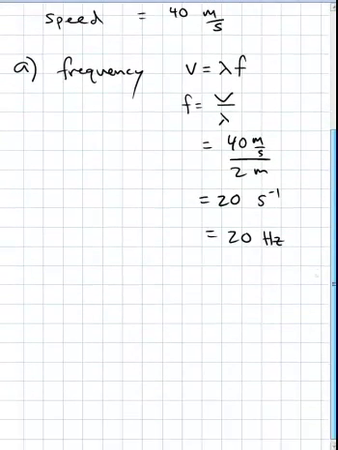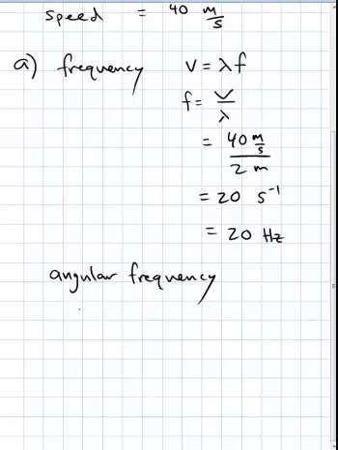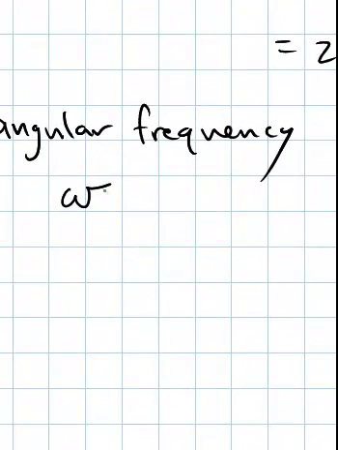Now we often want to use angular frequency. You'll see why in a moment. The second thing we're looking for is angular frequency, and that's omega. And omega is equal to 2 pi radians times the frequency.